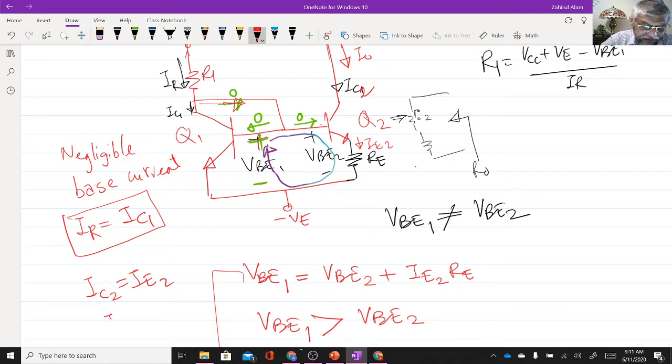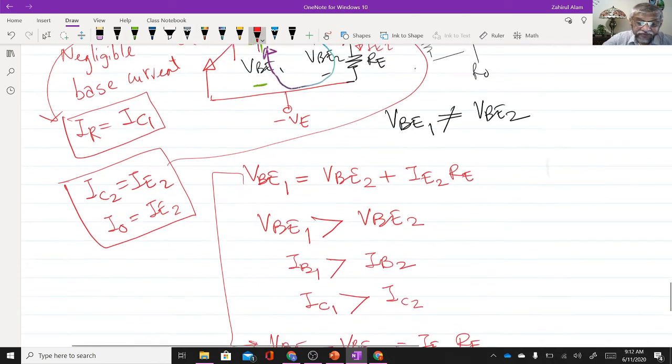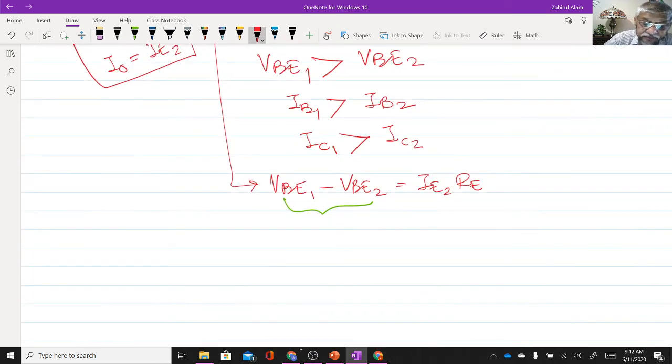So IC2 equal to output current is equal to IE2. So this is from the output side, and this is from the input. So now we have mentioned this IE is equal to I0, flowing through RE.